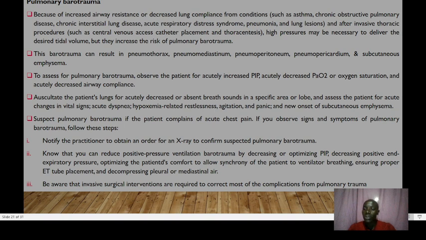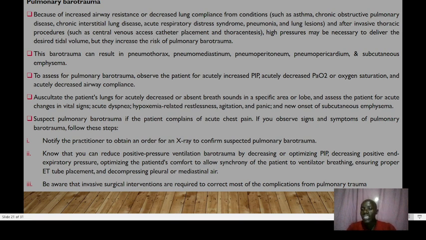This barotrauma can result in pneumothorax, pneumomediastinum, pneumoperitoneum, pneumopericardium, and subcutaneous emphysema. To assess for pulmonary barotrauma, the nurse will observe the patient for acutely increased PIP, acutely decreased partial pressure of oxygen or oxygen saturation, and acutely decreased airway compliance.